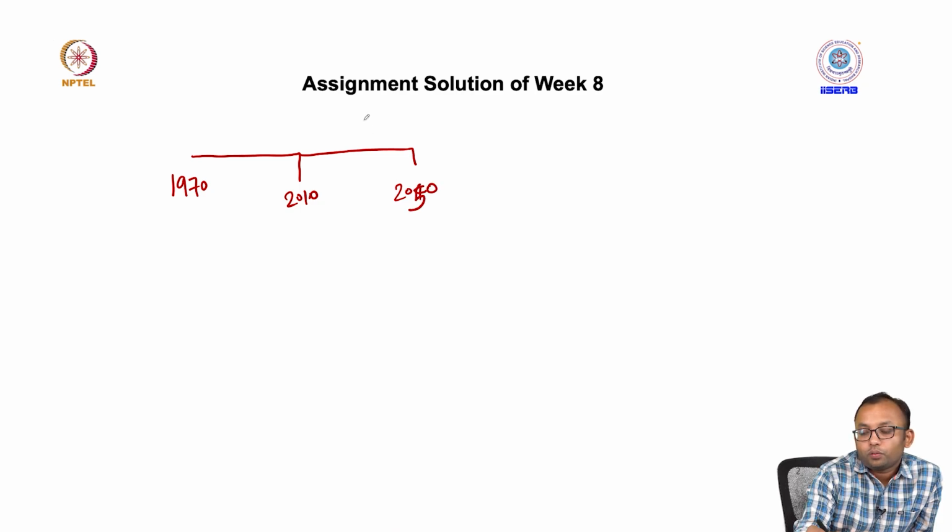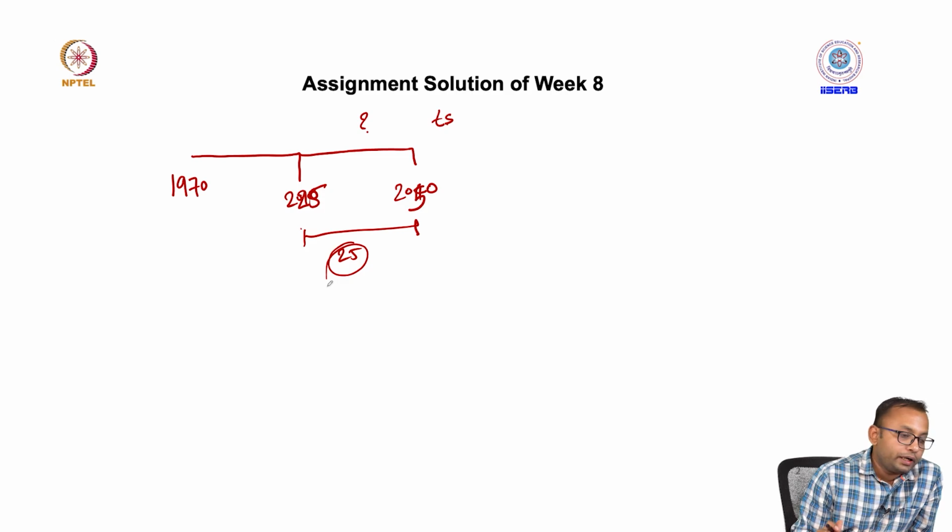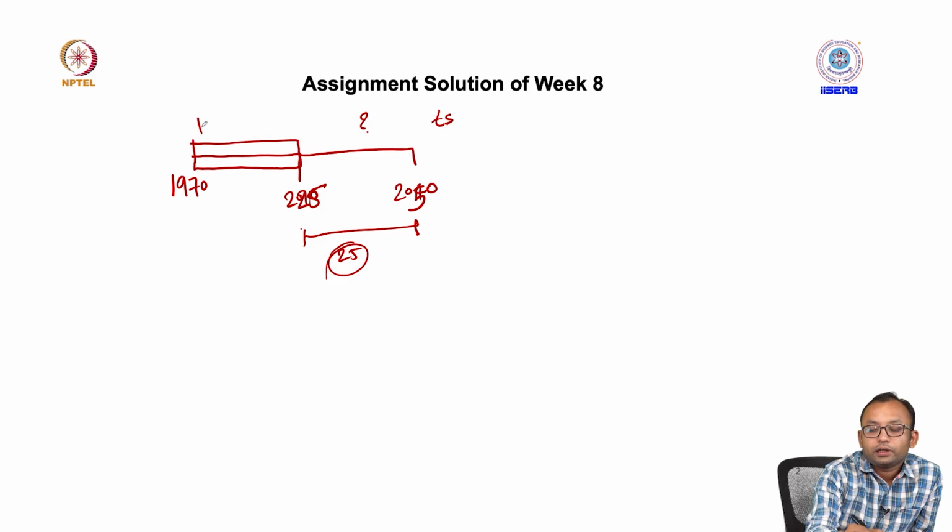We want to know what is likely to happen, how our time series data set is likely to behave in future conditions. Let us say this is 2025 and we are interested in the data set 25 years later. How can we do that? We have the data set for this particular period, which we call the historical data set.